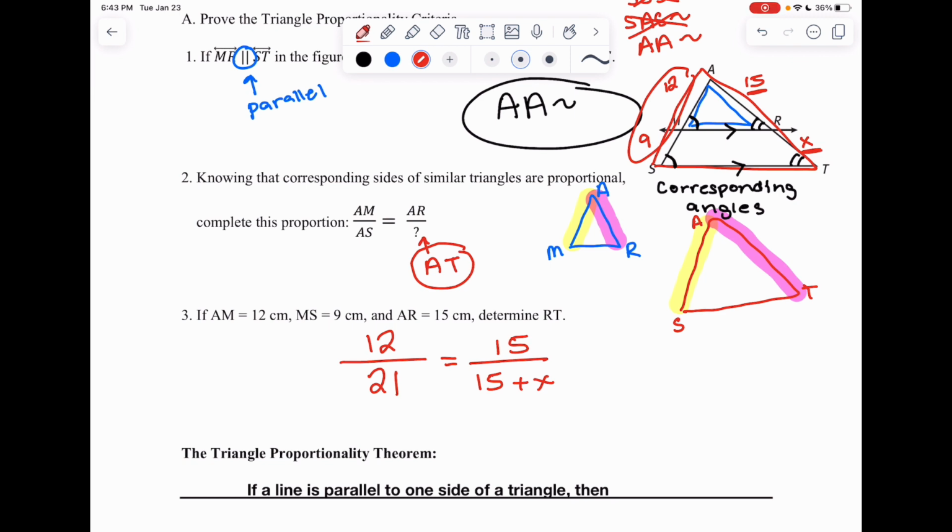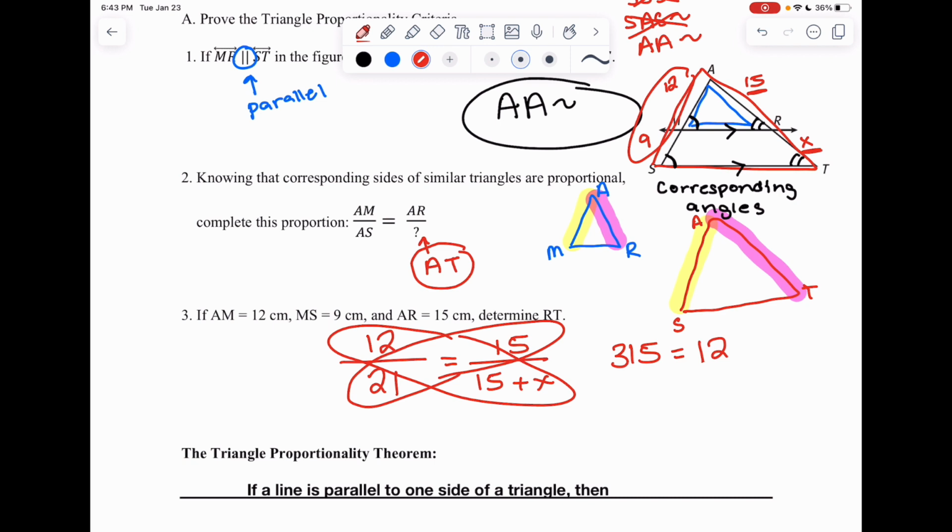And now that my proportion is set up, I am ready to cross multiply. 21 times 15 is 315. And remember, when we multiply a number times an expression, we have to distribute. 12 times 15 is 180.